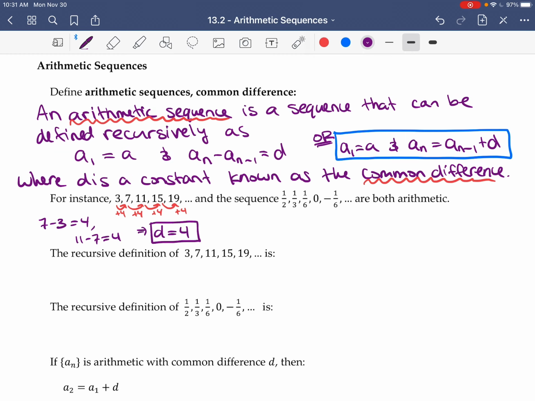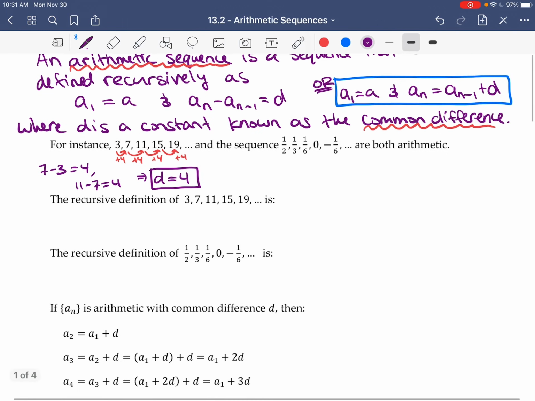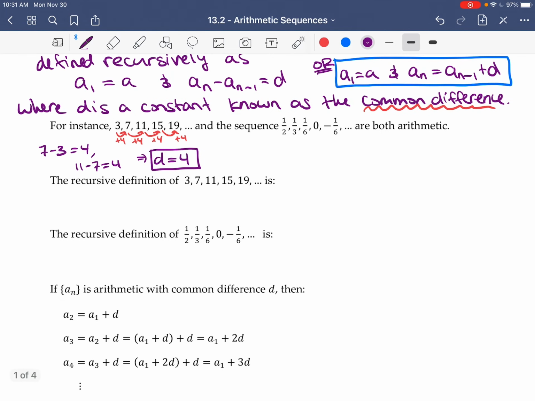Okay, I'm going to leave you to think about the other one. So what would the D be in the sequence that starts 1/2 and then 1/3 and then 1/6, etc.? So try and figure out what the D might be there. So using this first one, the recursive definition, we would say that A1 is 3, and then to get to a_n, you take a_(n-1) and you simply add 4 to it.